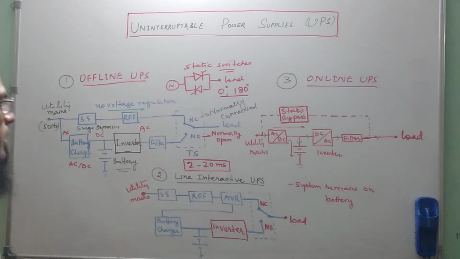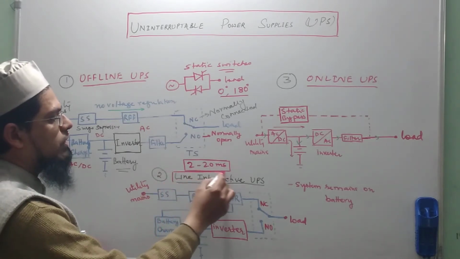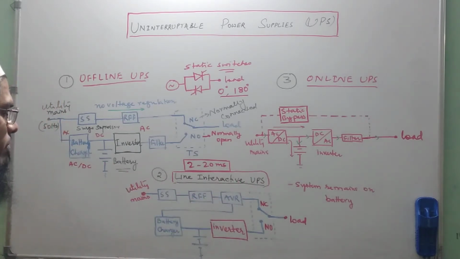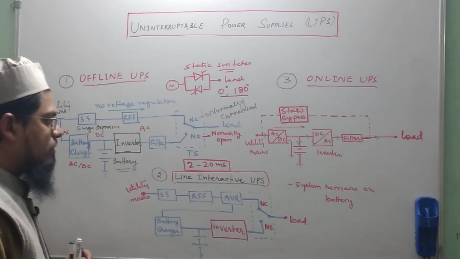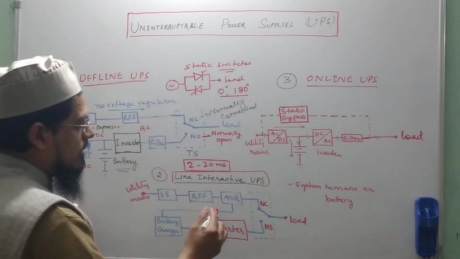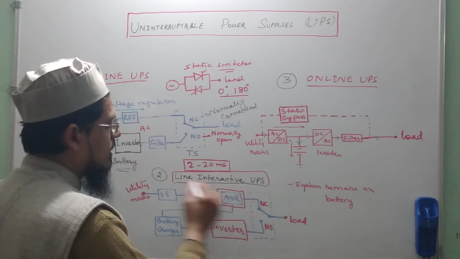Okay, fine. Now come to the second type of UPS, which is the line interactive UPS. The only difference between this circuit and that circuit is that there is another block here, which is the AVR.